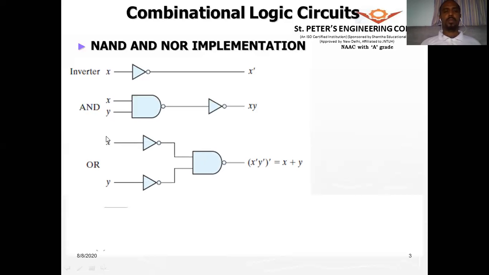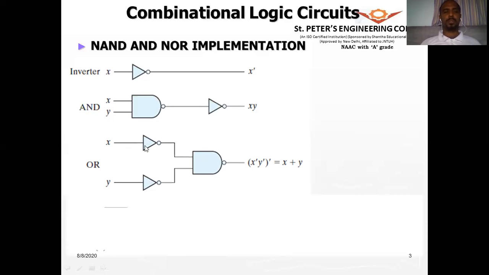So here we take the X and give it as a NOT operation. So you have to take a 2-input NAND gate and short the 2 inputs and give it as 1 input as X. Similarly, we should do the same for the lower part of the circuit.